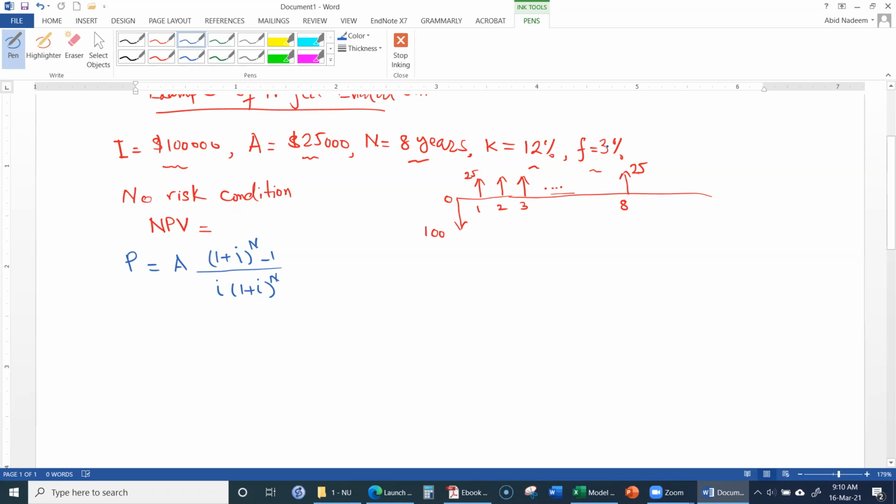inflation rate. So we can take i equal to k plus f, which is equal to 15%.